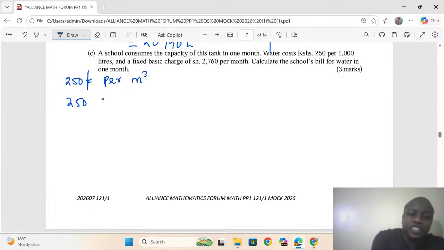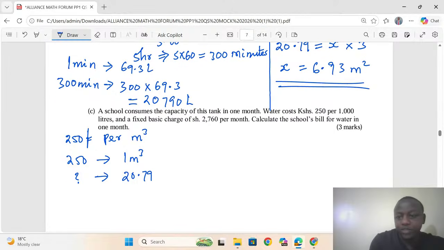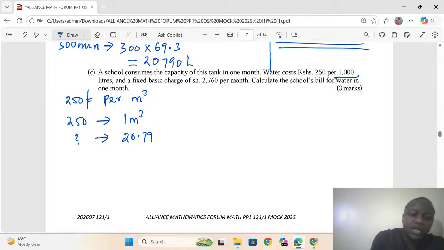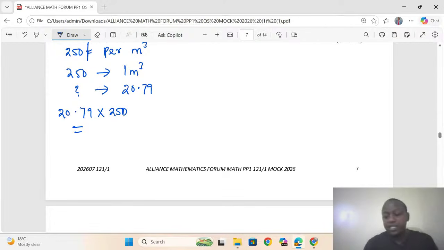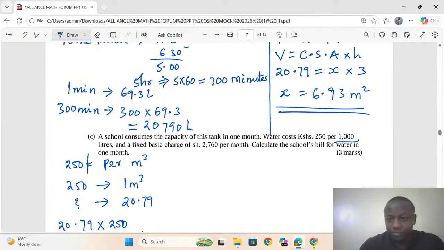If 250 shillings is for every 1 meter cubed, then what will be the charge for 20.79? Are we together at this interpretation? 20.79 times 250. Computing this, I'm getting 5197.50 Kenya shillings.